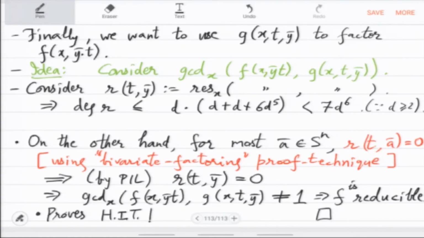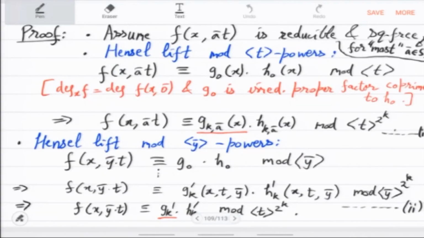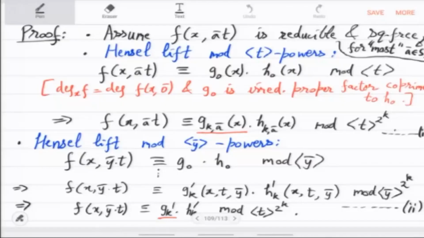Right, so what we have shown is that if you start with F being reducible and square free for most a bars, then F is indeed reducible for the formal y bar. Okay, the contrapositive is that if you start with F irreducible, then for most a bars it remains irreducible.